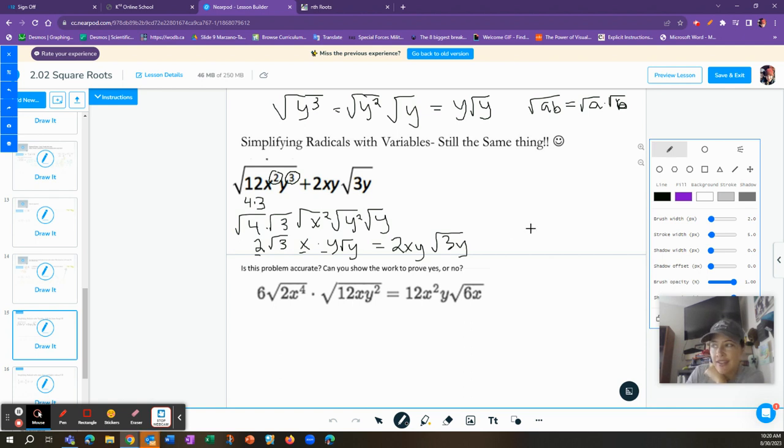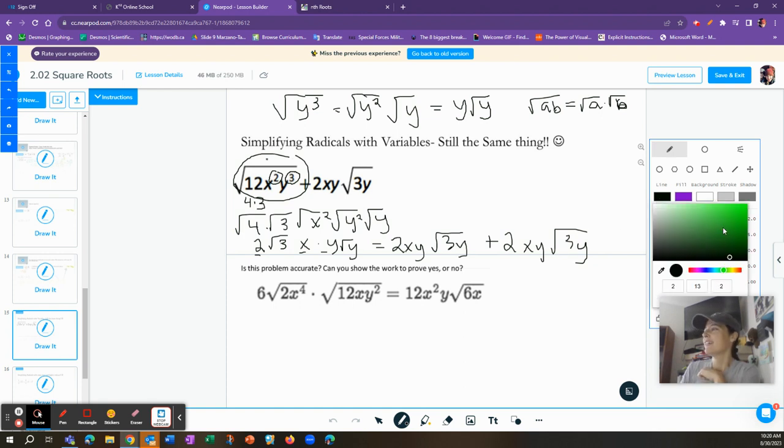This one takes another turn. So we simplified this first term. Since we're adding that to 2xy root 3y, we have to ask ourselves, can we add this? Are these like terms? Why are they like terms? They are like terms, but here's why. You're like, they're exactly the same. Of course they're like terms. They are, but they're not like terms because they're identical.